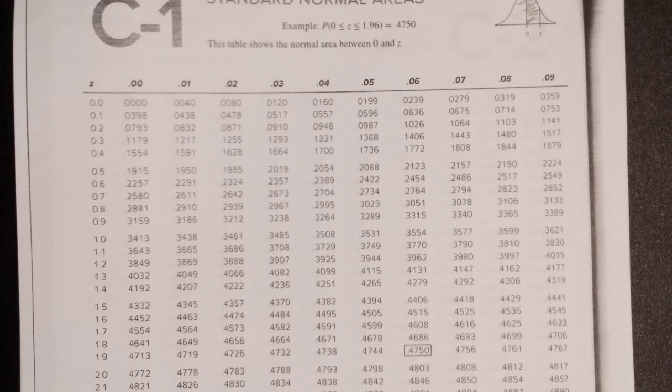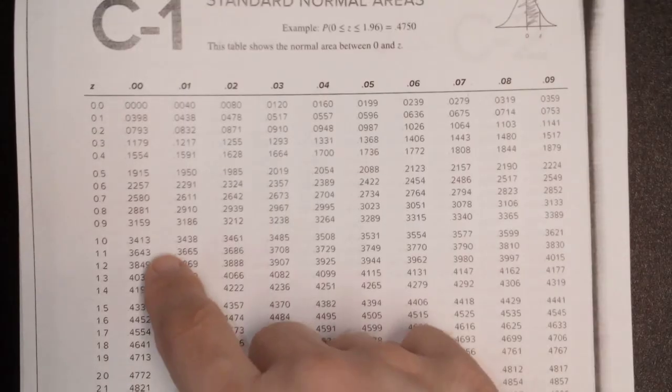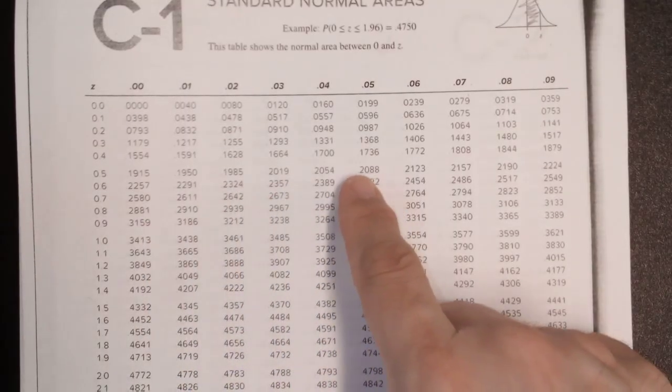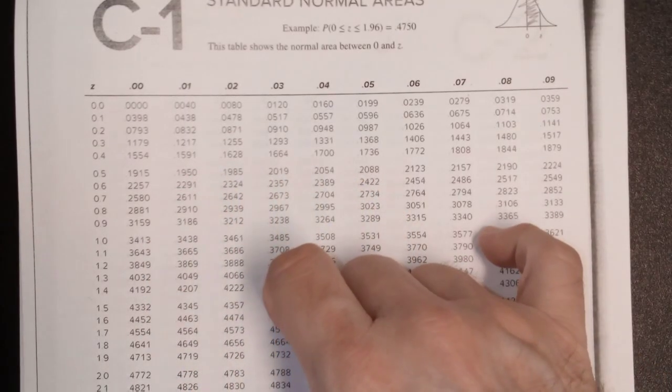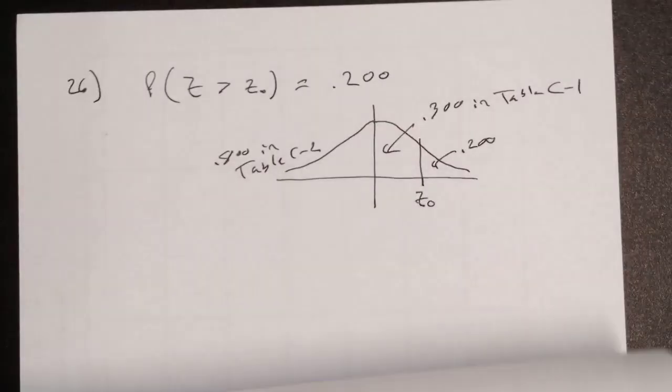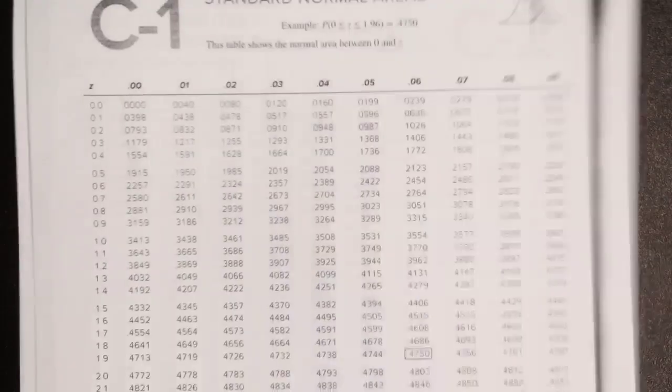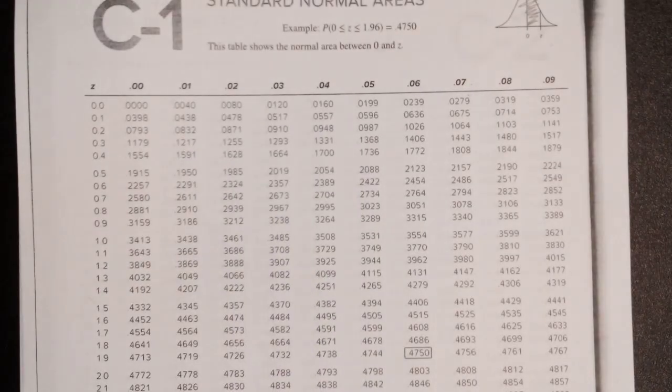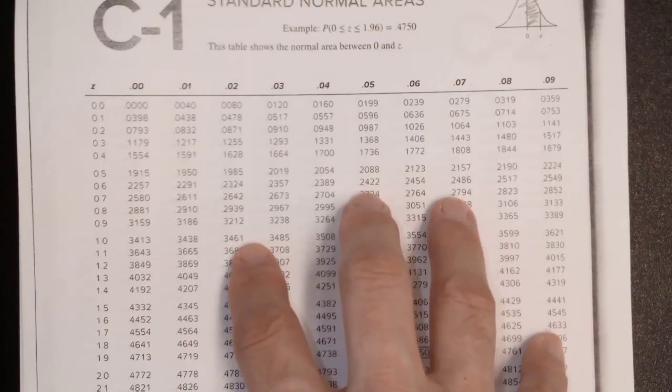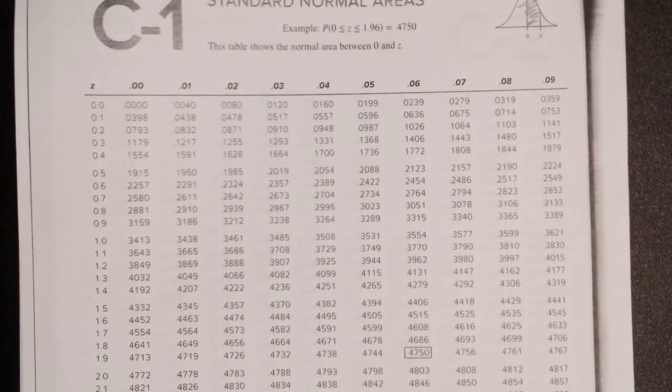0.1179. Yep. I want to look up the number in here in the middle of the table that's closest to 0.3000.